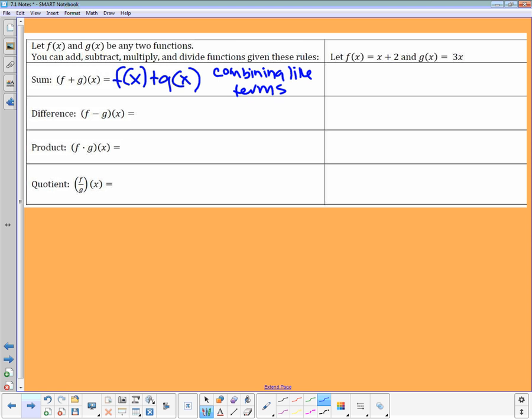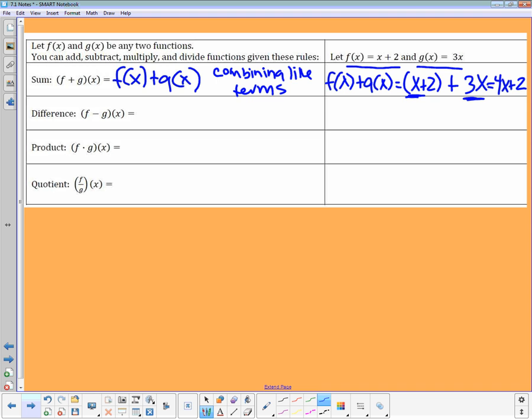We're letting f of x equal x plus 2, and g of x is equal to 3x. We're going to add the two functions together. So f of x was x plus 2, and we're adding our g of x, which was 3x. Combining like terms, we have 1x plus 3x, which gives us 4x, plus 2.